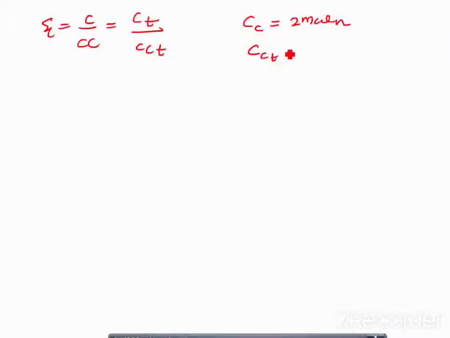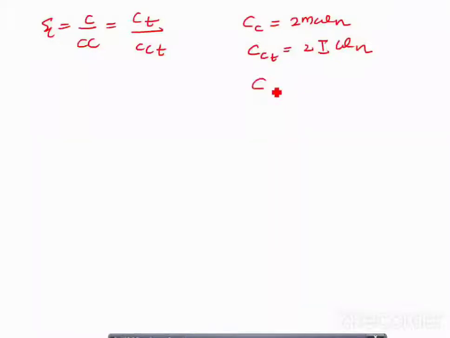Now once you have got omega n, what is zeta? Zeta is equal to c upon cc. In a torsional system, c is equal to Ct, so cc is equal to Cct. This problem is of a torsional pendulum, or you can say a disc, a torsional system. Here cc is equal to 2m omega n, so Cct will be 2I into omega n, with I instead of m.